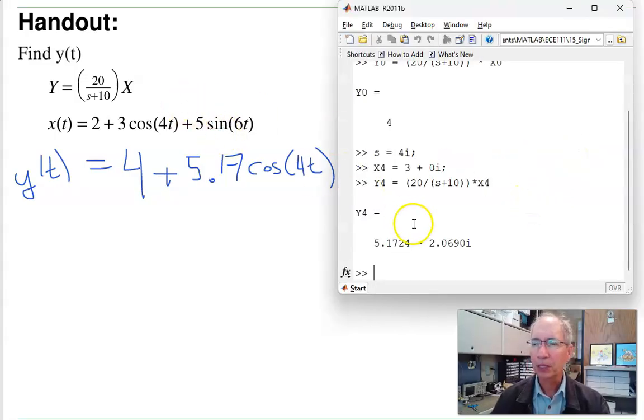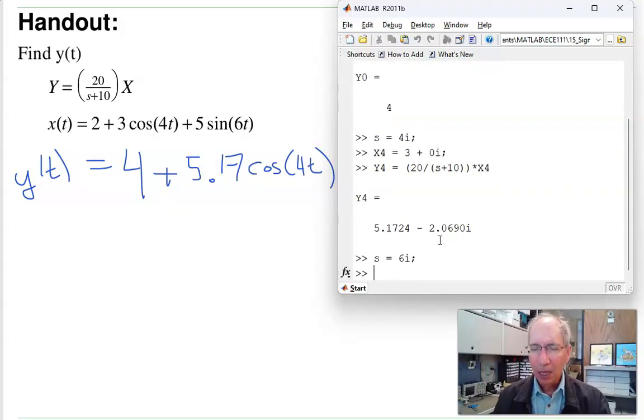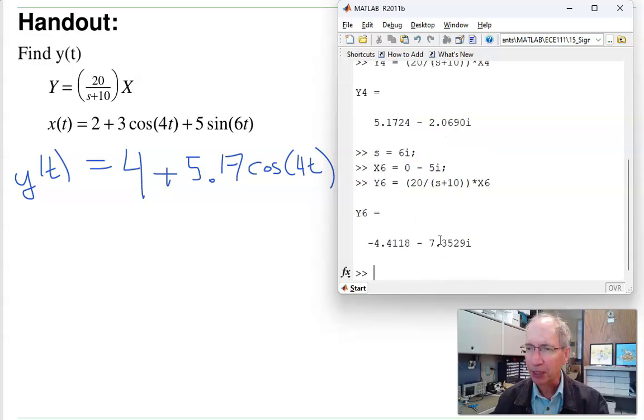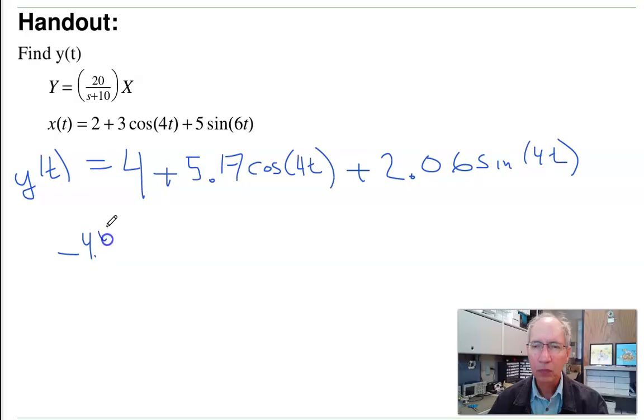To get the last part, at 6 radians per second, I'd have s equals j6. X6 is equal to 0 minus j pi. Again, real part's cosine minus j is sine. Y6 is the gain times the input at 6 radians per second, minus 4.41 cosine of 6t.